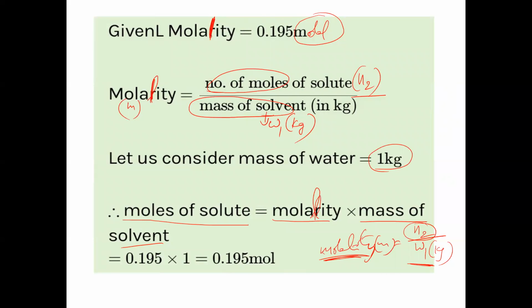Molality times mass of solvent. So how much molality is given? 0.195 molal, and the mass of solvent is 1 kg of water. Therefore, 0.195 times 1 is 0.195 moles.